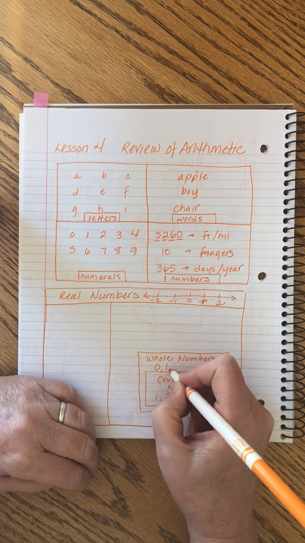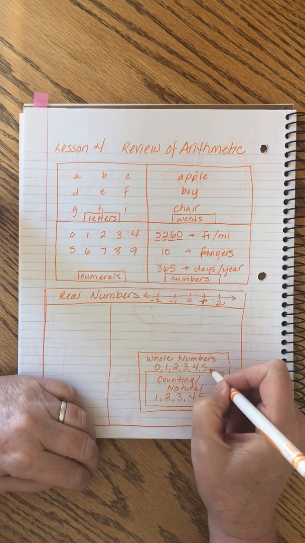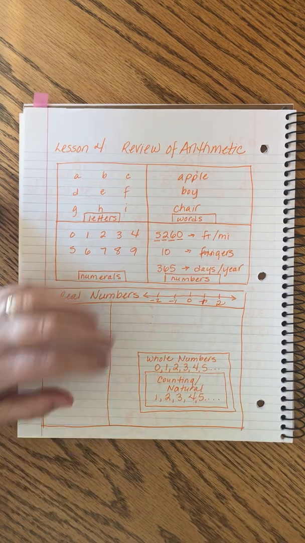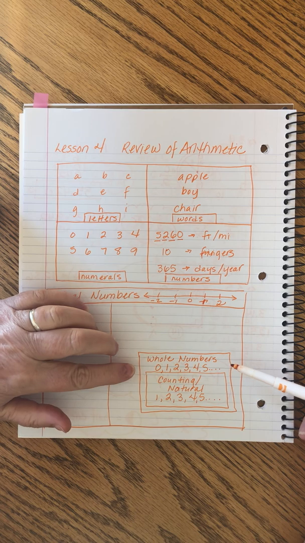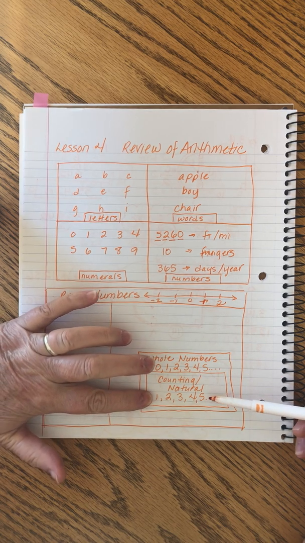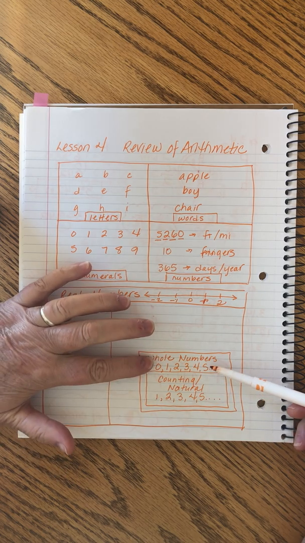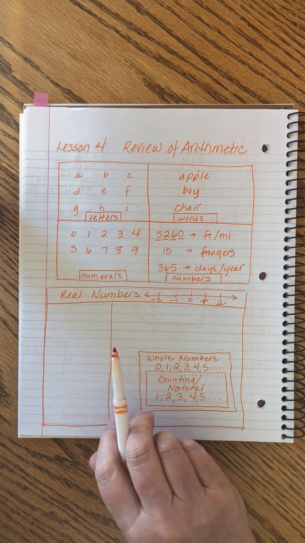And that's what makes the set of whole numbers different, is that it includes the concept of zero. So the way we're drawing this picture is to indicate that the whole numbers include the counting or natural numbers with the addition of one more idea, which is zero. Okay?